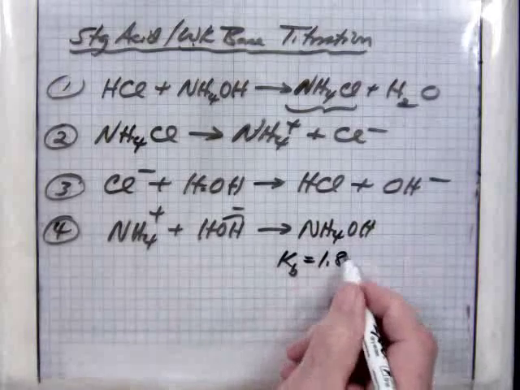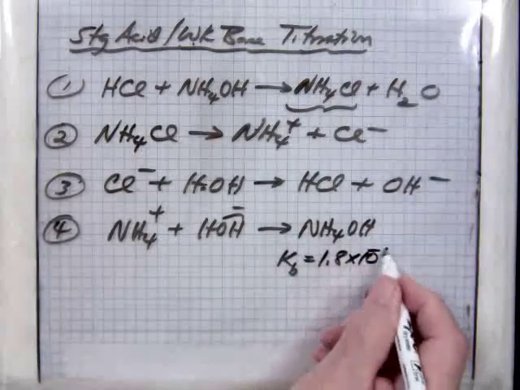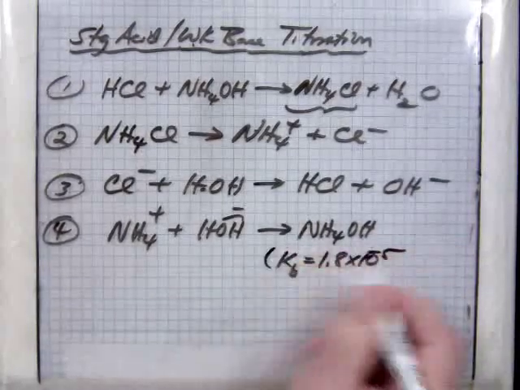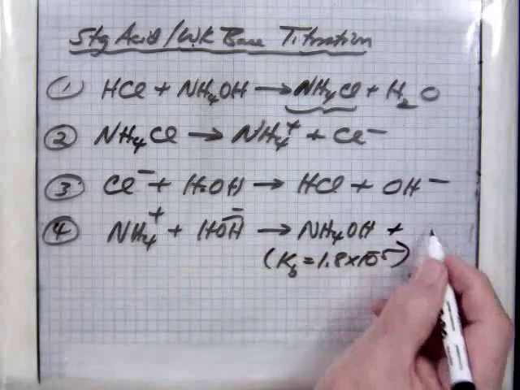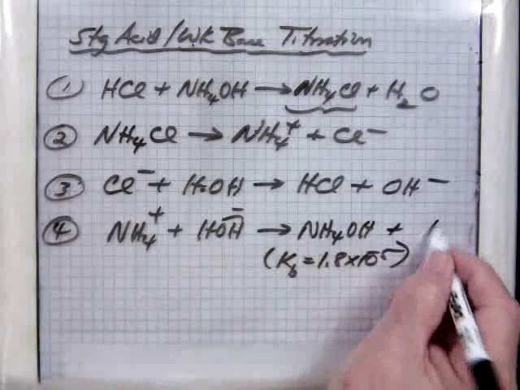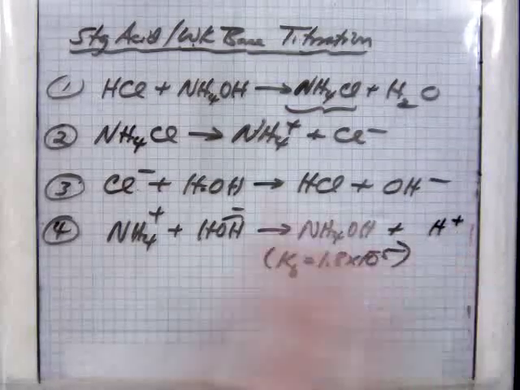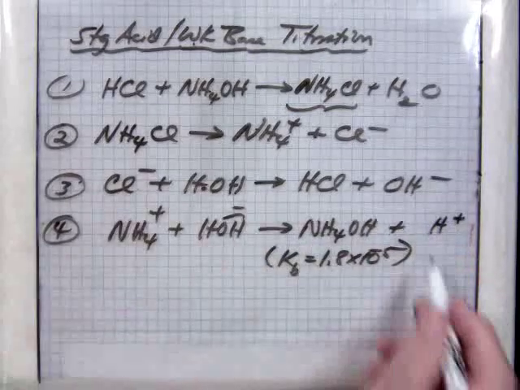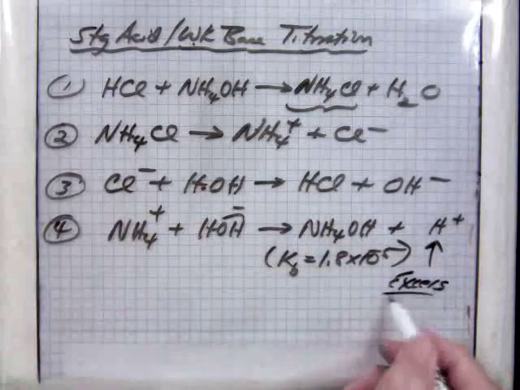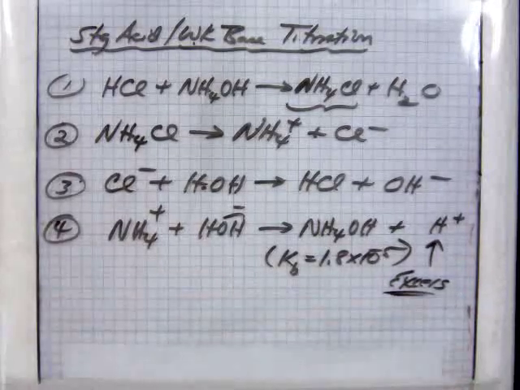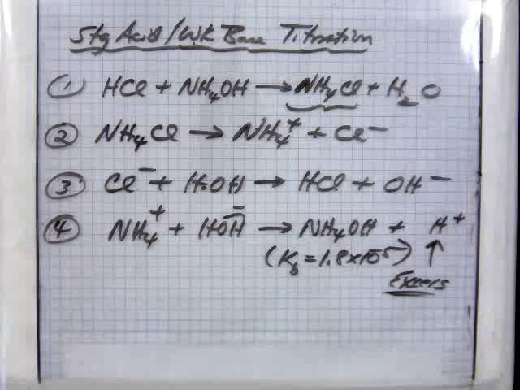Turns out to be 1.8 times 10 to the minus 5 is the Kb value for that one. And you are generating an excess of hydronium ions in this case. And with that excess, the equivalence point will be in the acidic range.